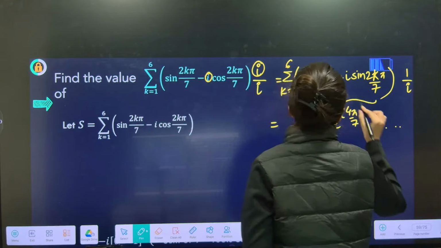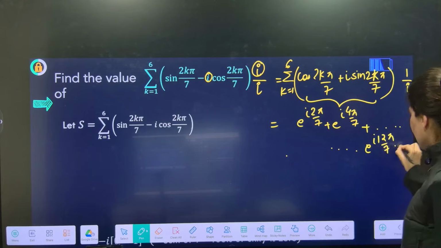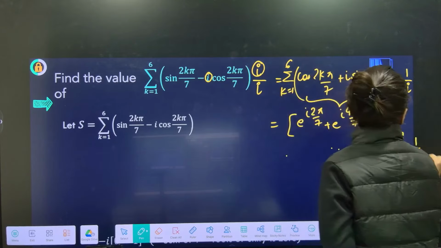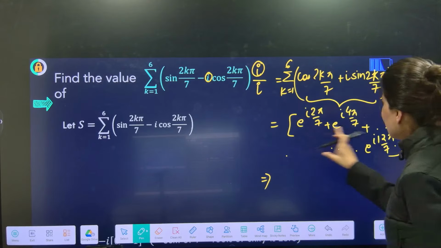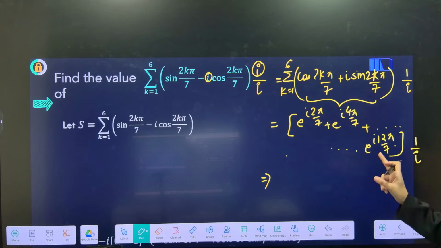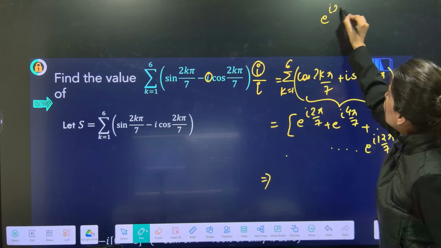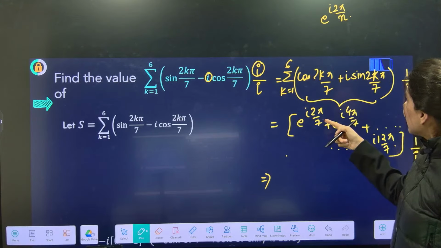If I put 6, 2 sixes are 12, so e power iota 12 pi by 7. There is 1 by iota outside this, and we'll deal with 1 by iota a little later. Can you see, this is nothing but e power iota 2 pi by n? Don't you think this is the case?